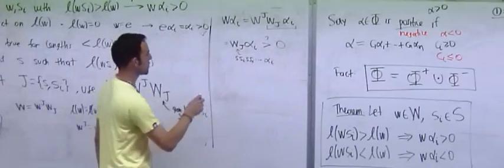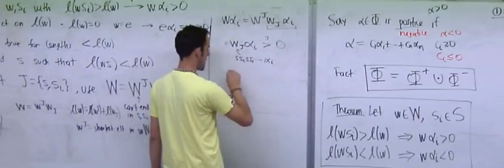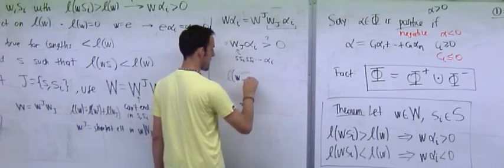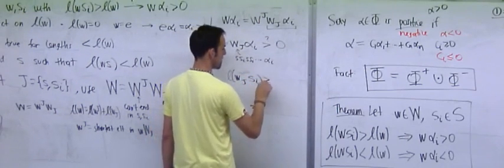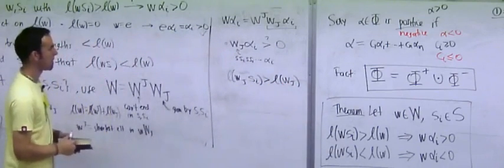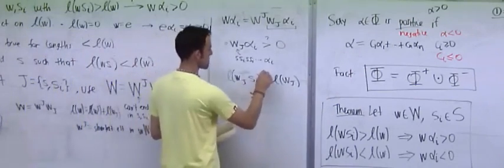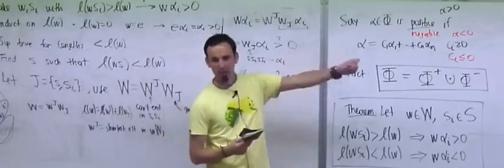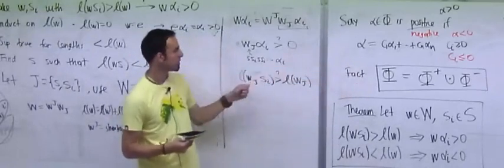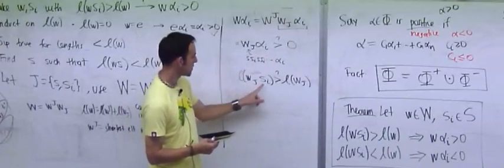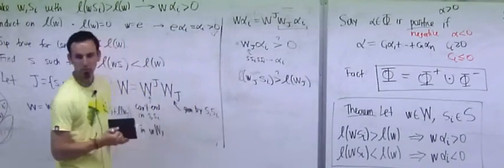And to prove that, what I need to prove is that the length of w sub J s_i is bigger than the length of w sub J. And if I prove this, then by invoking this theorem in the dihedral case, by invoking it in that example, I will get this statement. So what I need to prove now is that the length of w_J s_i is bigger than the length of w_J. A Coxeter group statement.